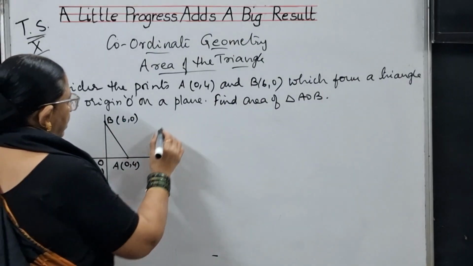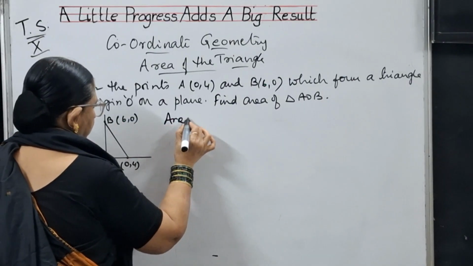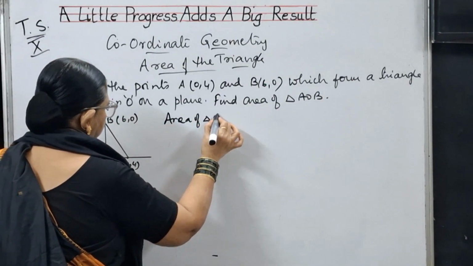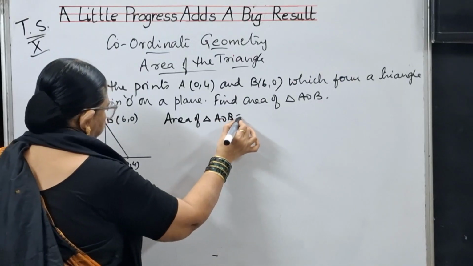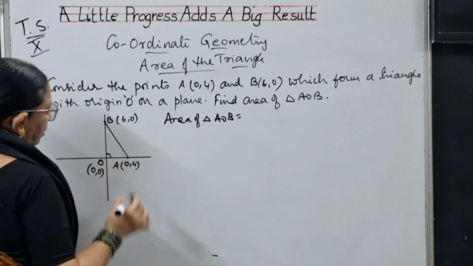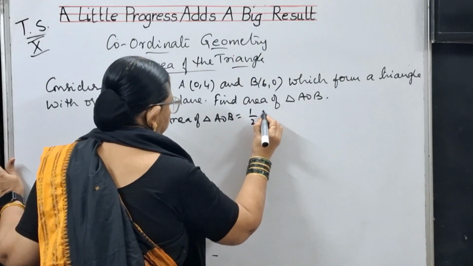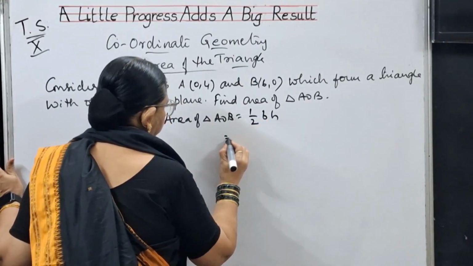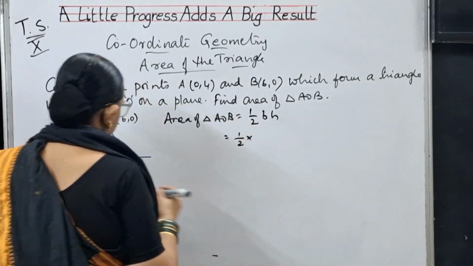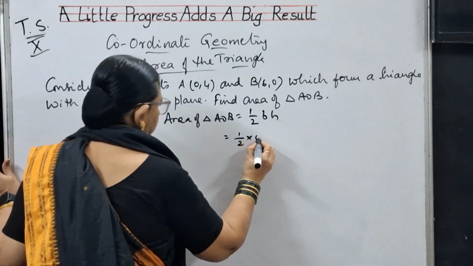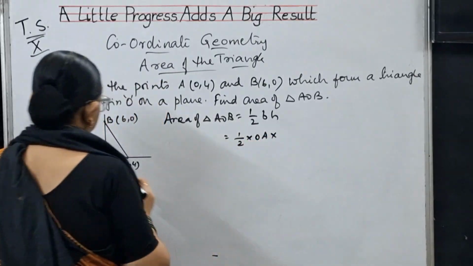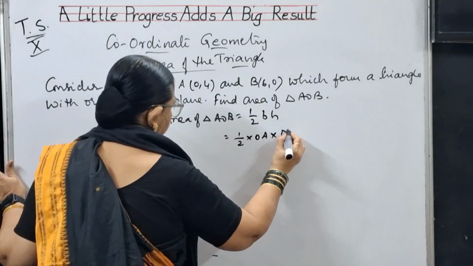So actually, area of triangle AOB can be taken as it is a right angle triangle, we know pretty well. So it is nothing but half base into height. This formula we can take. Half into base, base is OA, into height, OB.